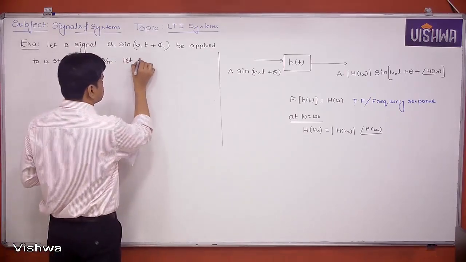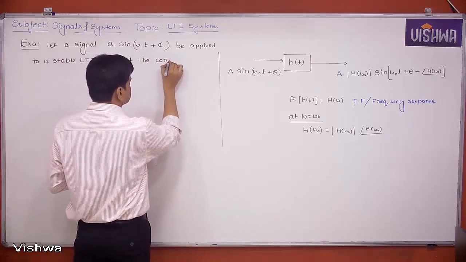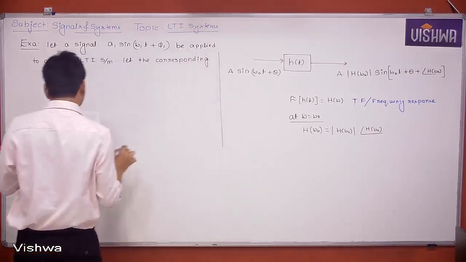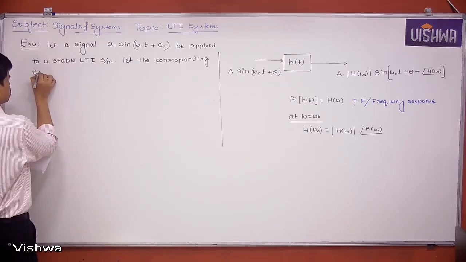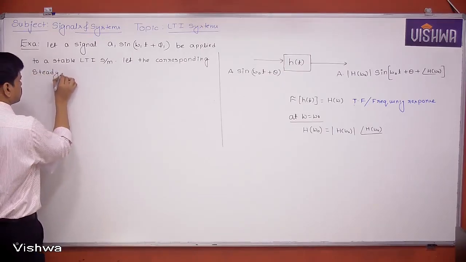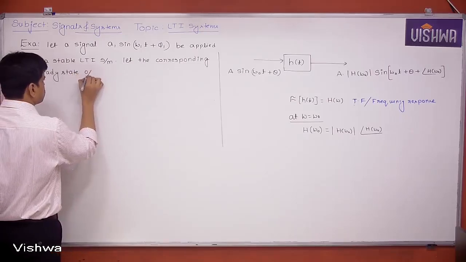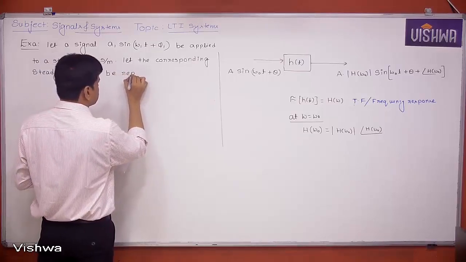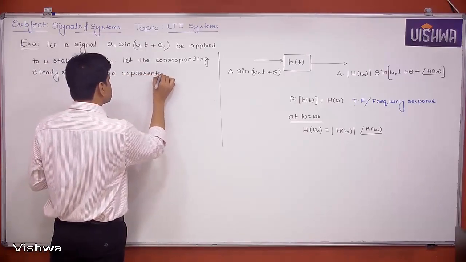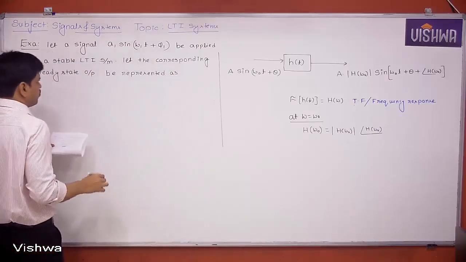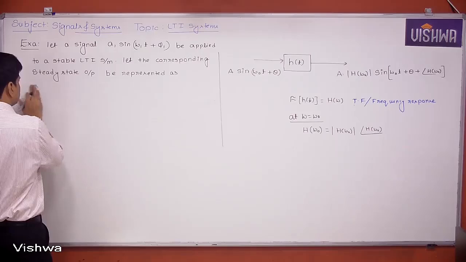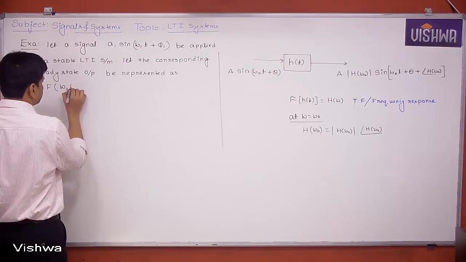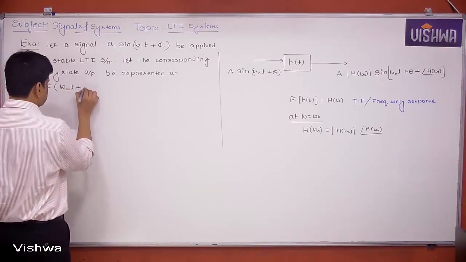Let the corresponding steady state output be represented as A2 f of omega 2 t plus phi 2.